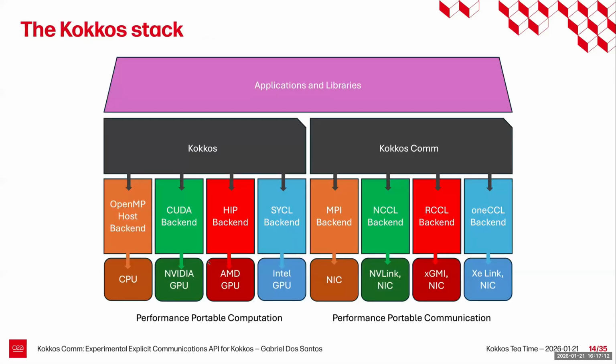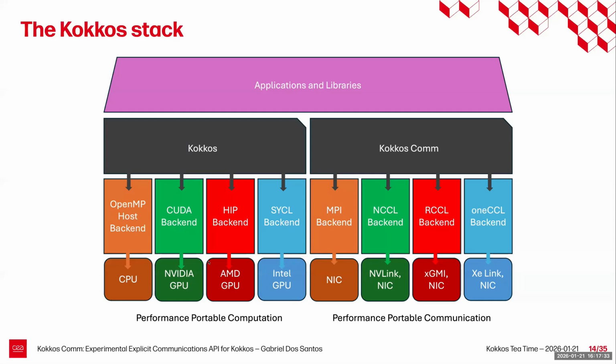This is the Kokkos stack, how we would like to have Kokkos Comm when it's production ready. Applications can sit on top of Kokkos for the computation side to have performance portable computation with different backends that are able to target compute hardware.